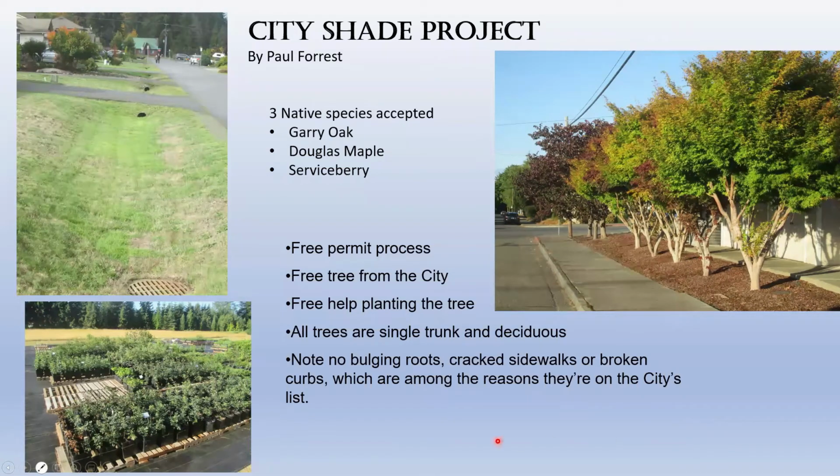Right now you have to pay $30 if you want to plant a tree in your planting strip, and you have to buy your own tree, and it has to be a very specific species, a species with a single trunk, deciduous, and ones that do not bulge the concrete or crack the concrete. And there are 3 native species accepted on the tree city planting list: Garry oak, Douglas maple, and serviceberry.